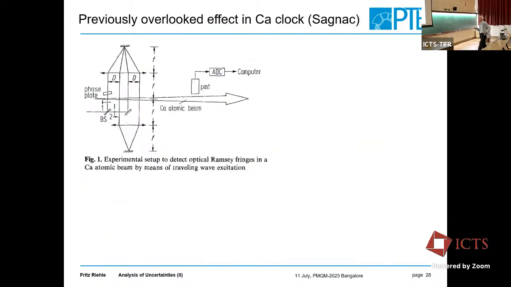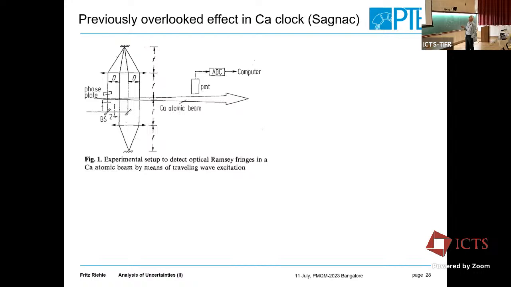Okay, let's have a look at something I have personally overlooked in the past. We operated a calcium atomic clock. That was a beam clock. The calcium beam went like this.